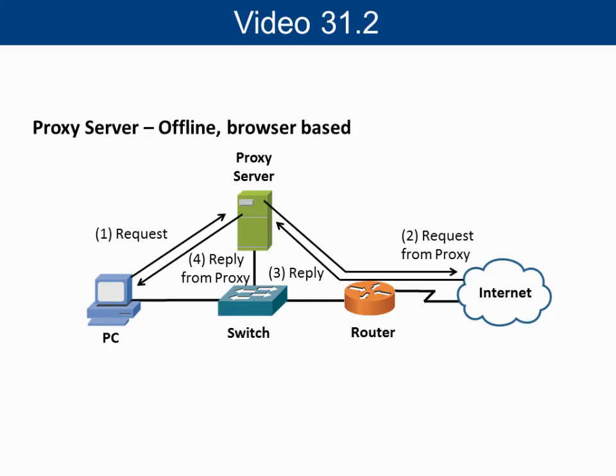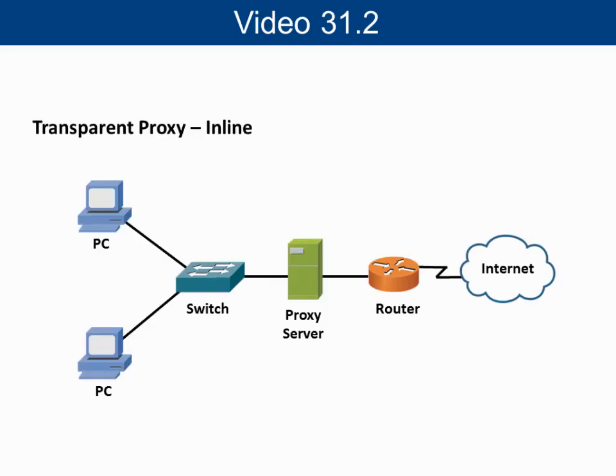Another way to use a proxy server is to have the proxy server as a transparent proxy inline. You can see in the diagram here that the proxy server is between the router and the switch. So any requests from the PCs to the internet will have to go through the proxy server. In this way, there's no avoiding the proxy.